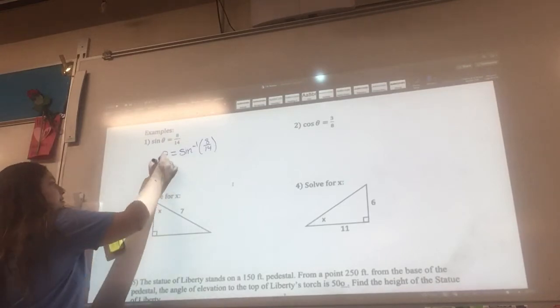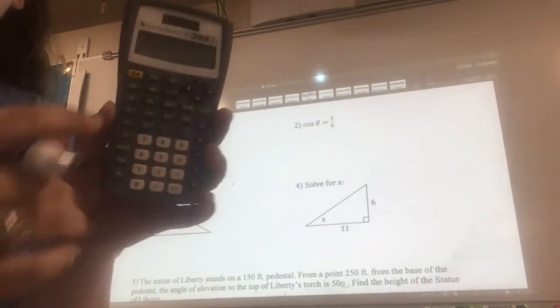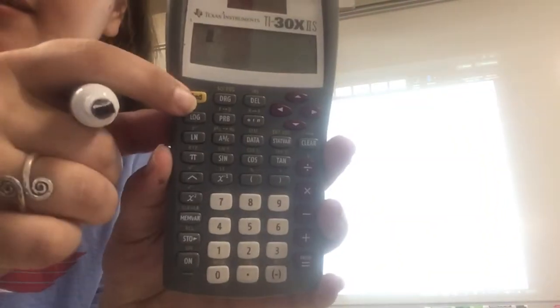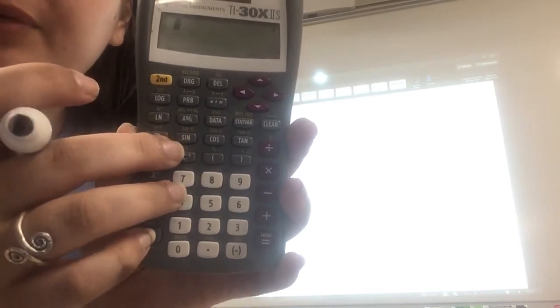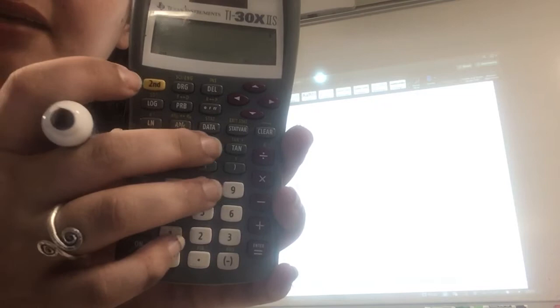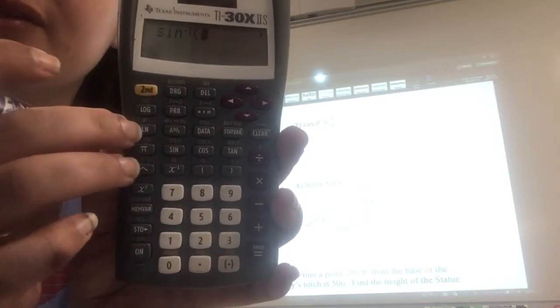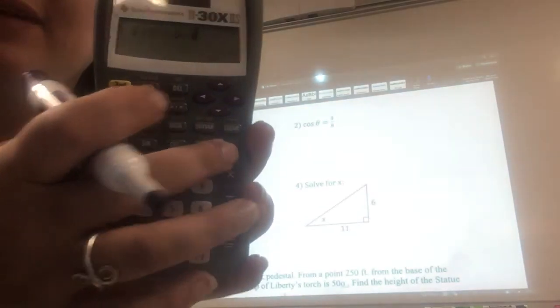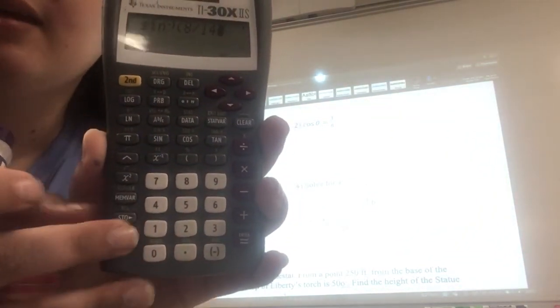So to do this in your calculator, you're going to have to go to second. So you press your second, and if you look right above sine, cosine, and tangent, it says sine inverse, cosine inverse, and tangent inverse. So we'll do sine inverse, and we'll put in 8 divided by 14.